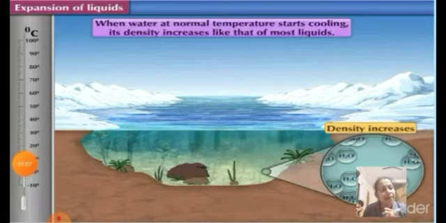The same thing happens when any object is heated, its volume expands, and therefore we say that it is expanding. Since volume expands, density decreases. Now, when any substance cools down, that means it contracts, we have learned, right? Contracts means its volume starts decreasing and therefore density increases, correct?